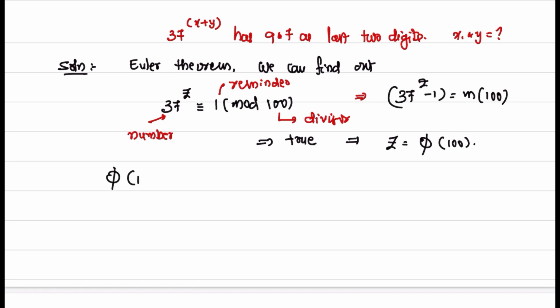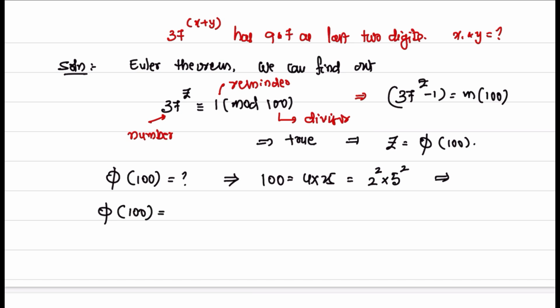Here 100 is equal to 4 into 25, that is equal to 2 square into 5 square. The bases are 2 and 5. That implies 500 as per Euler theorem.